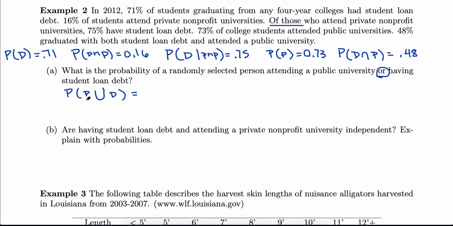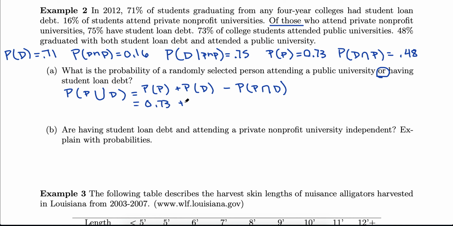So probability of public or debt, remember our formula, add the two together. And then we don't want to double count that overlap, so we need to subtract the probability of both of those happening. So public universities, 0.73.